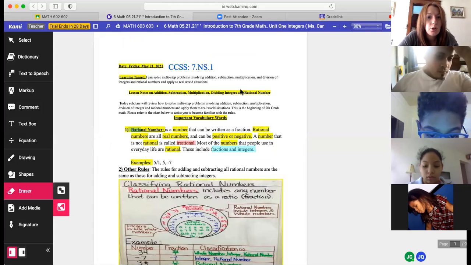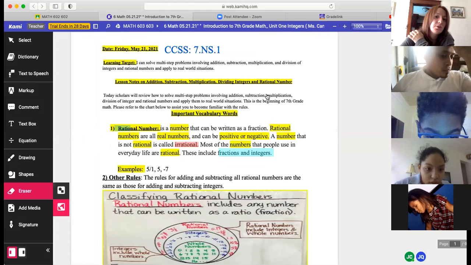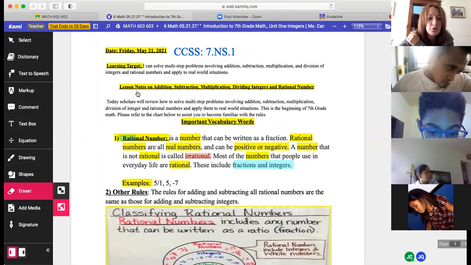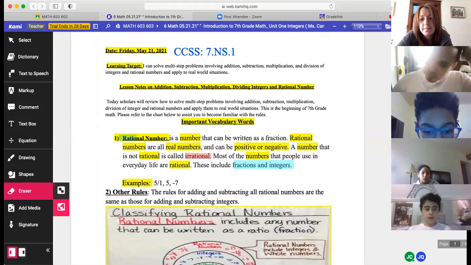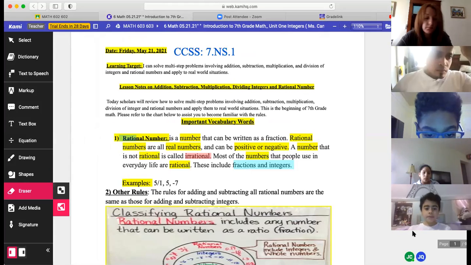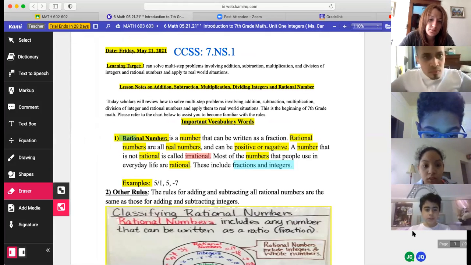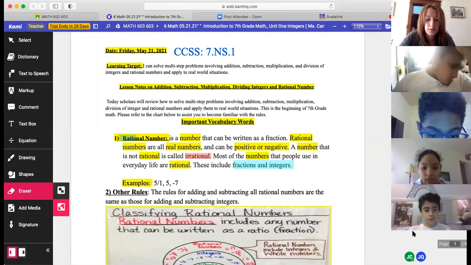Here we go. So, Jean, it is Friday, May 21st, 2020, standard 7.NS.1 for number system. The word is pronounced rational number. Okay, guys? Go ahead, Jean, read the learning target all the way up to number 1. Learning target: I can solve multi-step problems involving addition, subtraction, multiplication, and division of integers and rational numbers and apply to real-world situations.